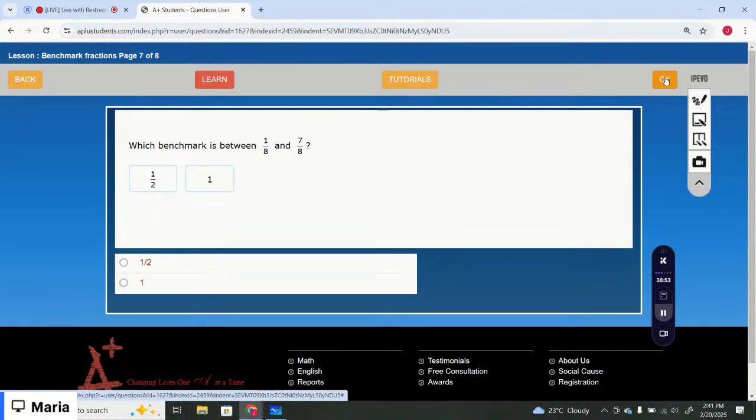Which benchmark is between 1 by 8 and 7 over 8? That is 1 over 2. 1 over 2 is the benchmark between 1 by 8 and 7 over 8.